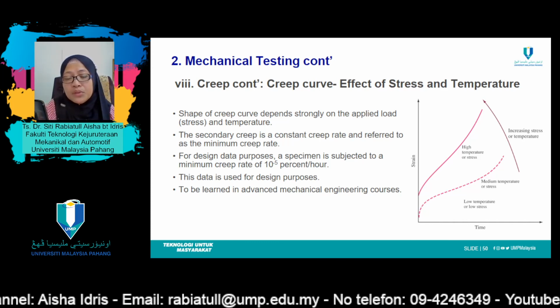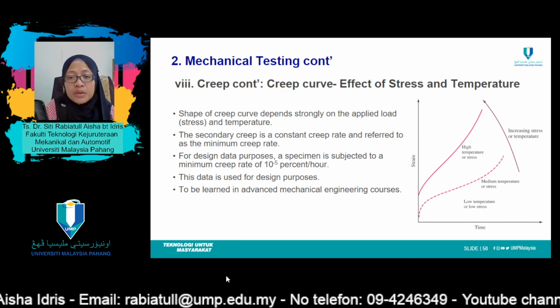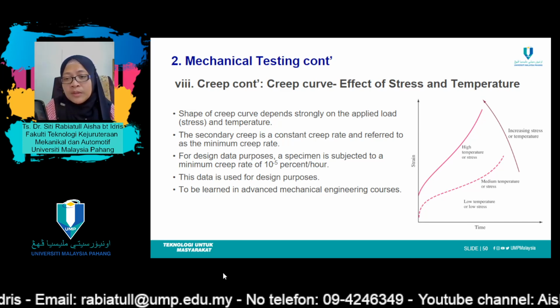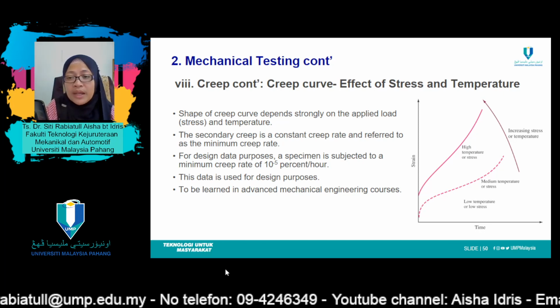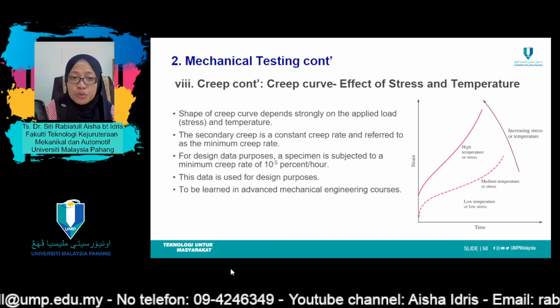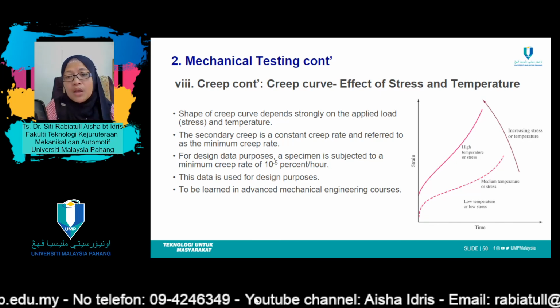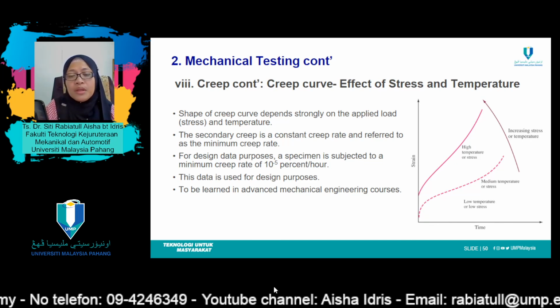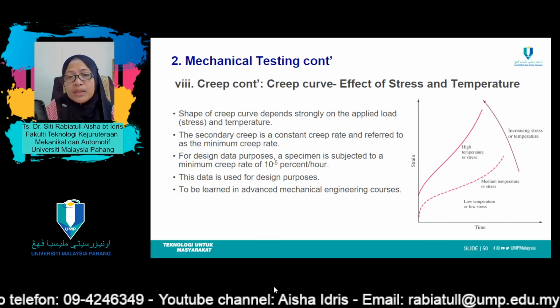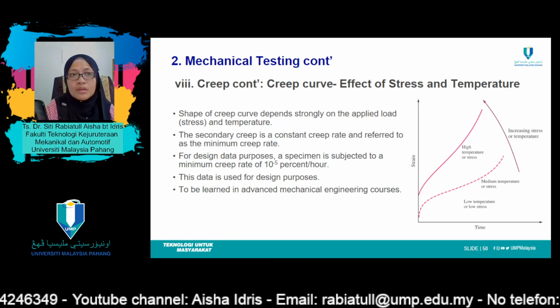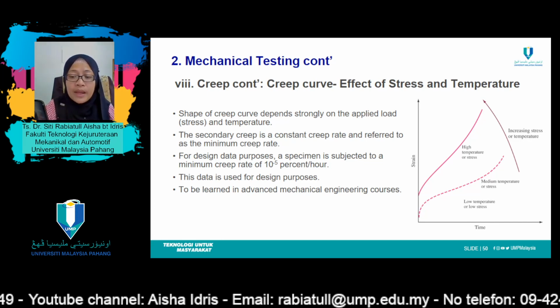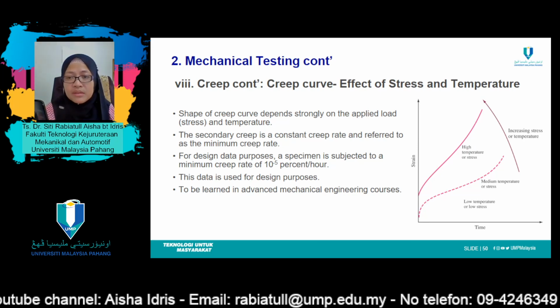This data is used for design purposes. However, this is only an introduction to you in this subject, and the detail or the advanced course you are going to learn in other subjects like mechanical design or solid mechanics or strength of materials.